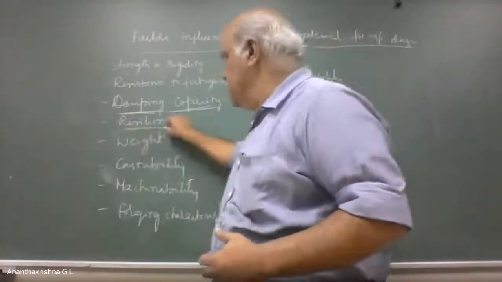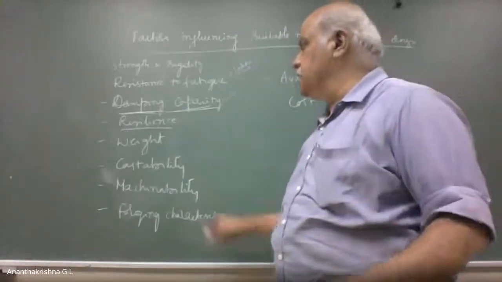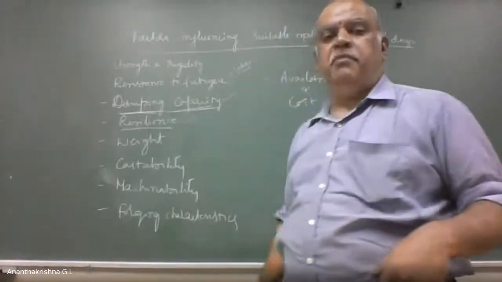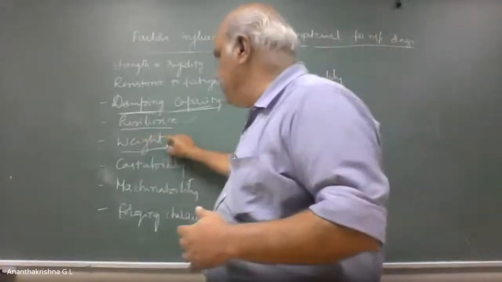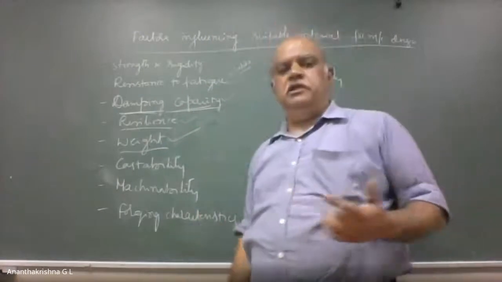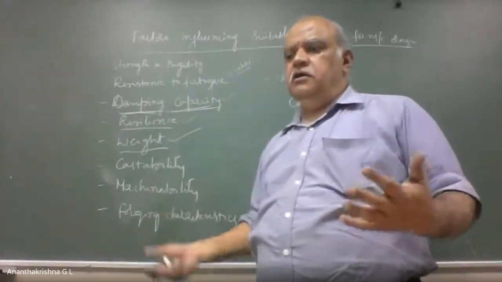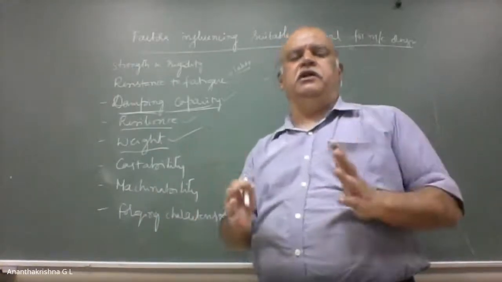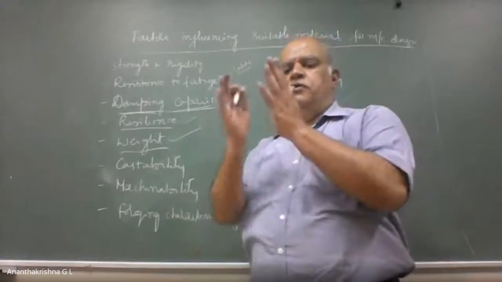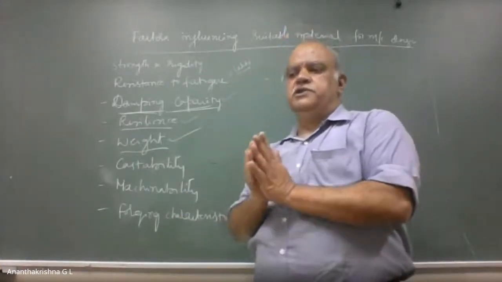Next is resilience. Resilience we have seen in our previous class: it is the energy absorbed by the member because of applied load. Next comes weight, the weight to strength ratio. For flywheel design, you need a higher weight to strength ratio.